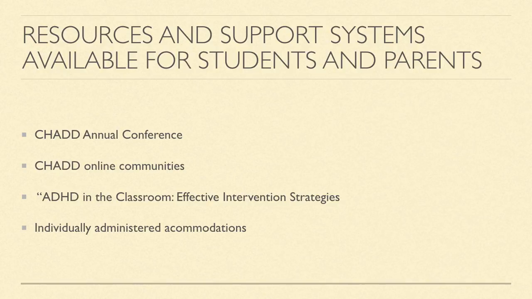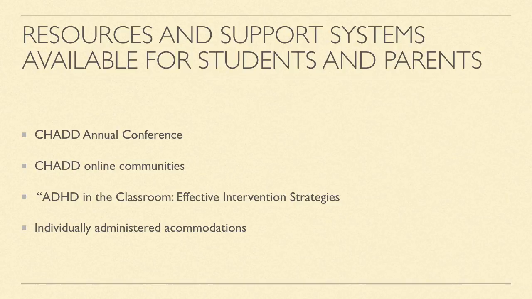Finally, we have resources and support systems. So, kind of the number one thing that any educator, parents, or student can do is to be informed about the disorder and about the things available to them to aid them, to help them along their way. One of the things that I found as a possible resource is the CHAD Annual Conference. And this is a yearly meeting that basically just breaks down the key elements of the disorder and how those of whom are affected by it can handle it and positively deal with their situation.